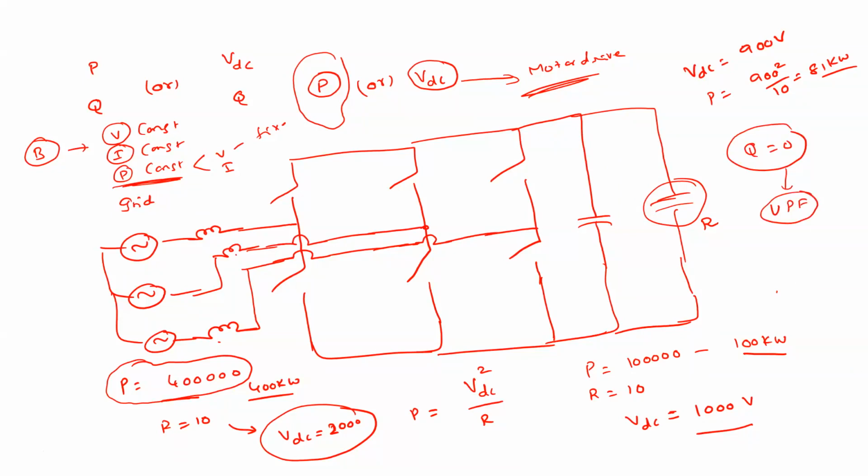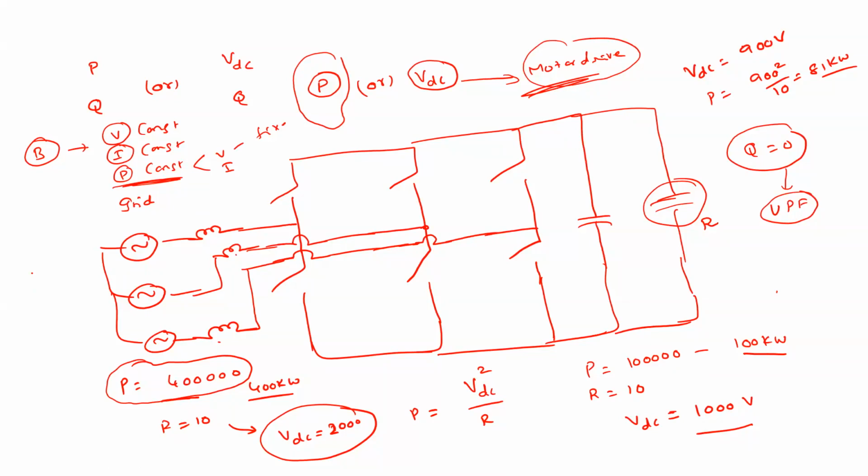In most cases we will operate with Q as 0. If it is a motor drive, in most cases we'll operate Q as 0. If it is a charging application, a battery energy storage system, we'll keep Q as 0.